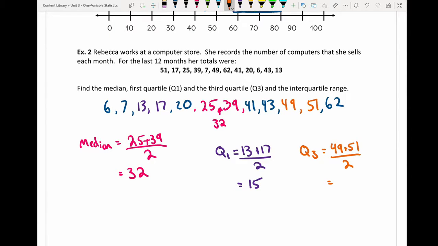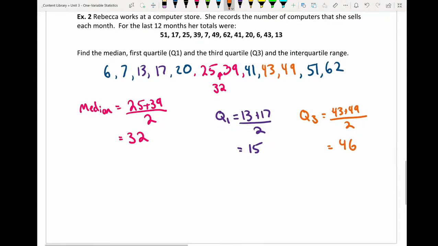Oh, no, my mistake again. I miscounted because I forgot to include the 39. The actual two middle values are your 43 and 49. So 43 plus 49 divided by 2 gives you 46. So those are your Q1, your Q2 or median, and your Q3.